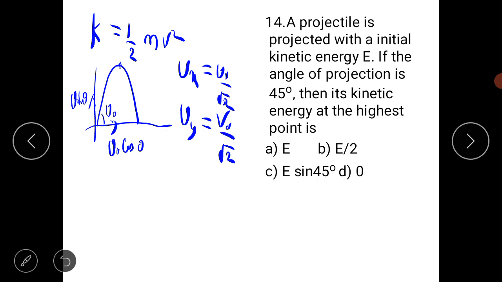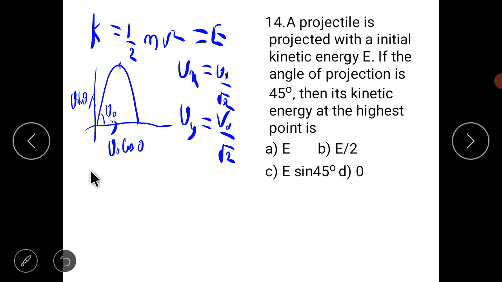So therefore at the highest point the velocity is v0 by root 2, and initially the kinetic energy is given as E.